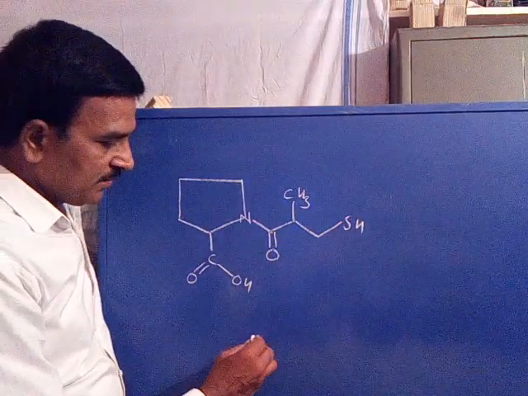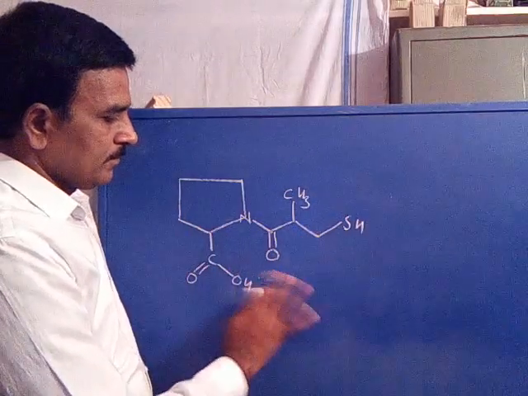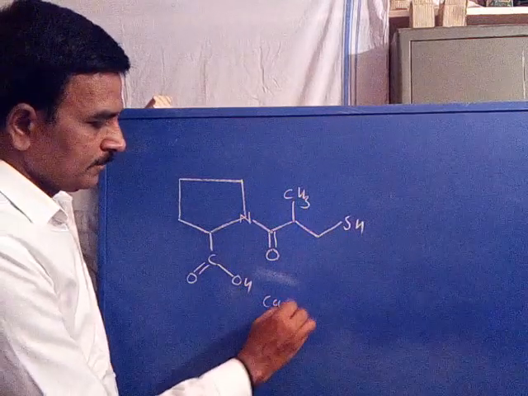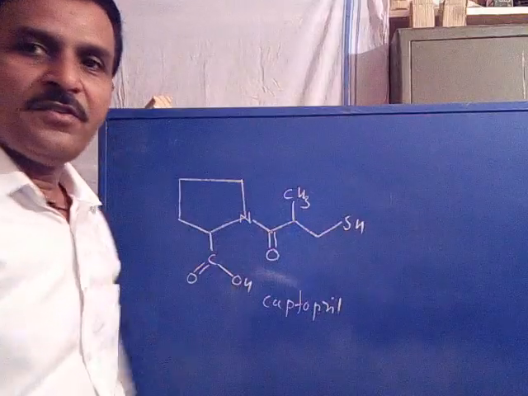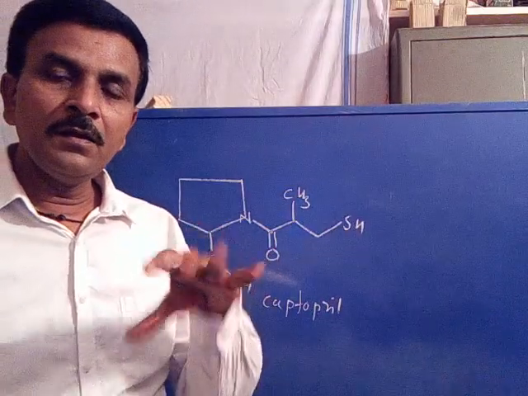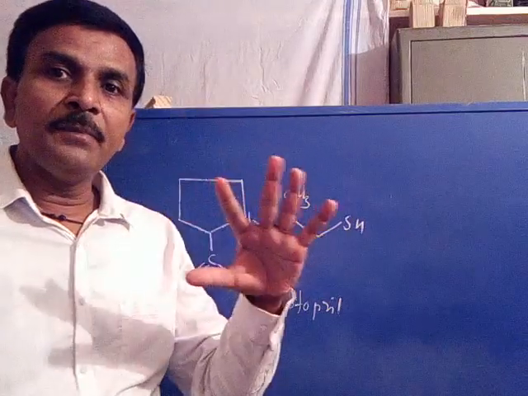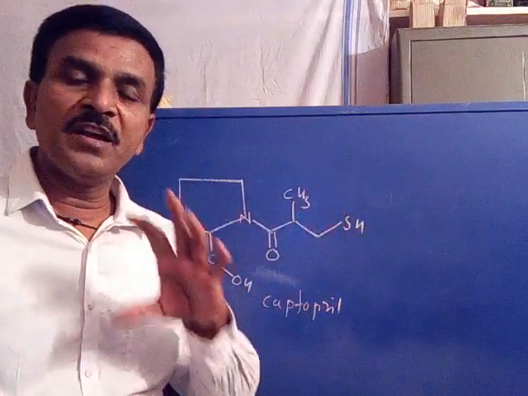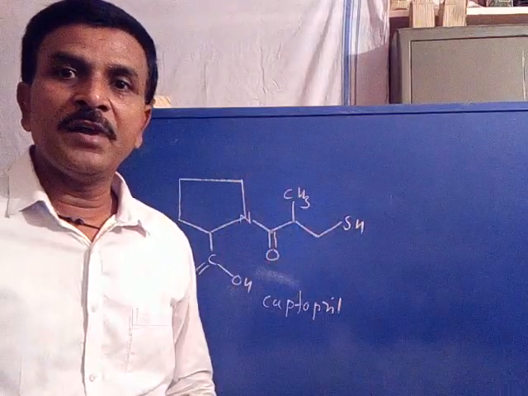This is the captopril structure. How was it designed? It was designed based on a proline residue present in the material isolated from the venom of the South African pit viper, which is responsible for reducing the hypertension.